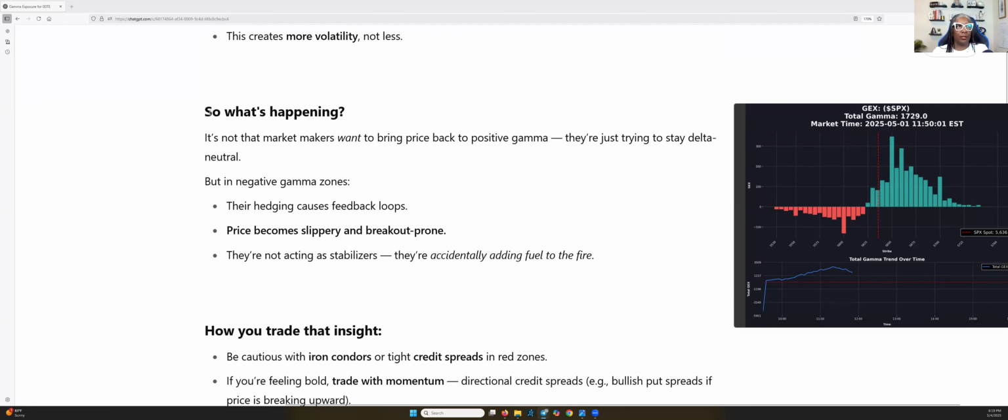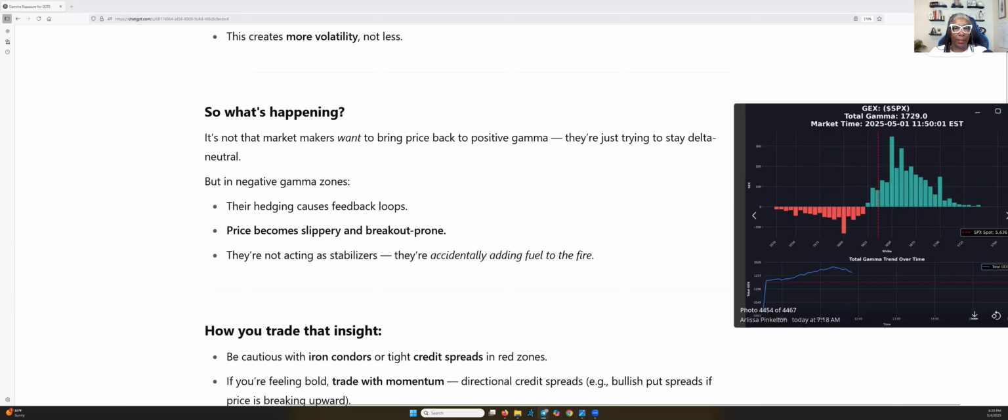So he says, so what's happening? It's not that the market makers want to bring price back to positive gamma. They're just trying to stay delta neutral. But in negative gamma zones, their hedging causes feedback loops. Price becomes slippery and breakout prone. They're not acting as stabilizers, they're accidentally adding fuel to the fire. But they're trying to get back to delta neutral.